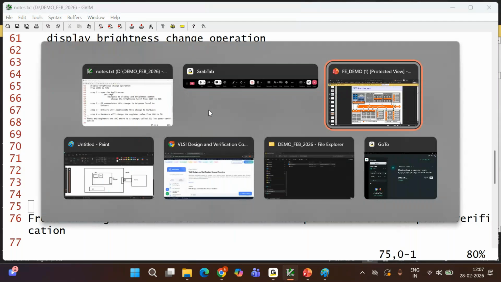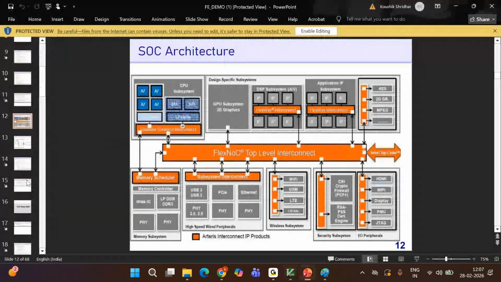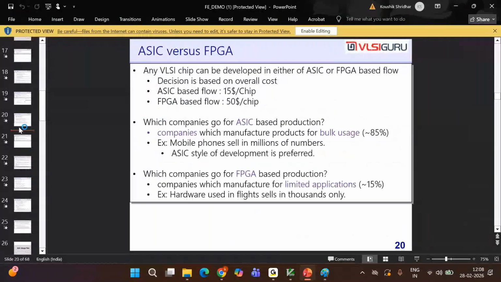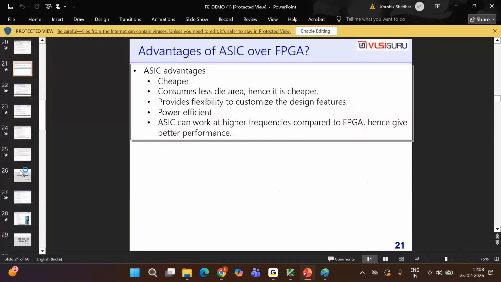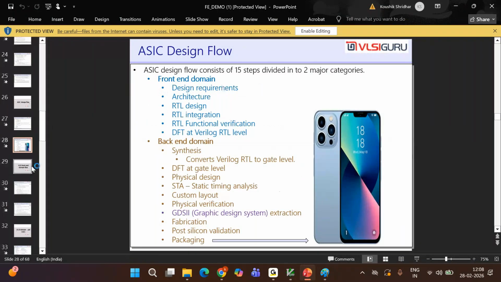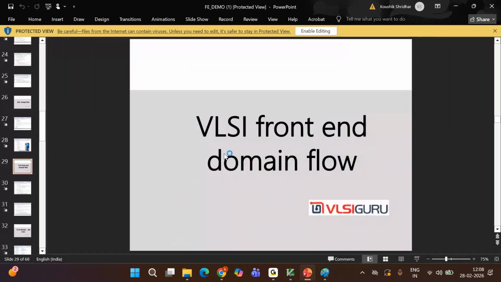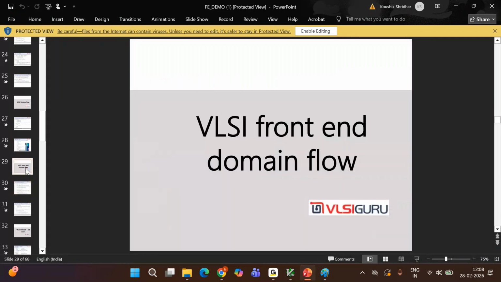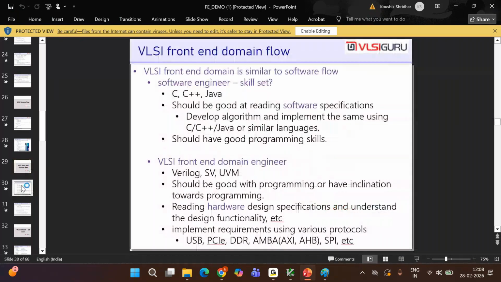Fine. So let's go forward. We discussed this front-end domain flow. Basically, I'm comparing the VLSI front-end domain flow with the software front-end domain flow.